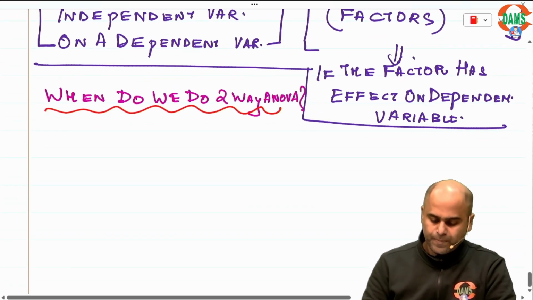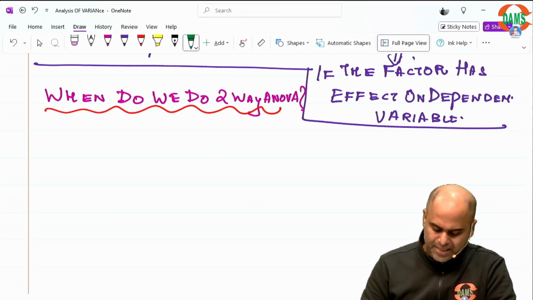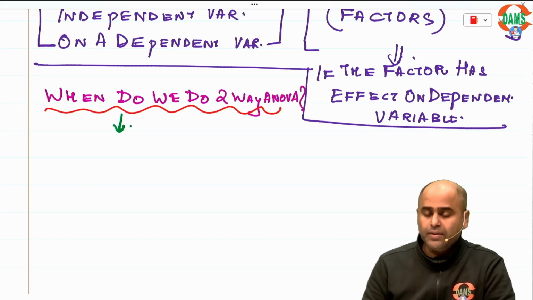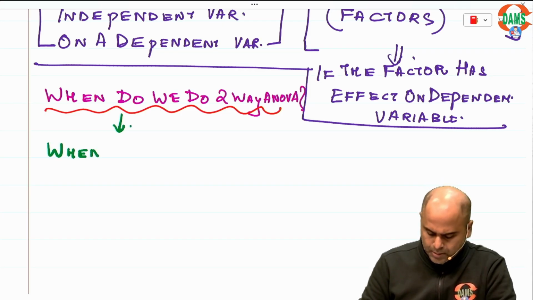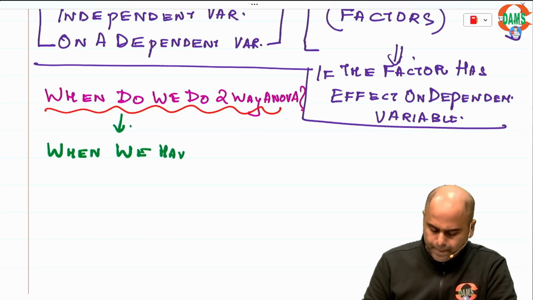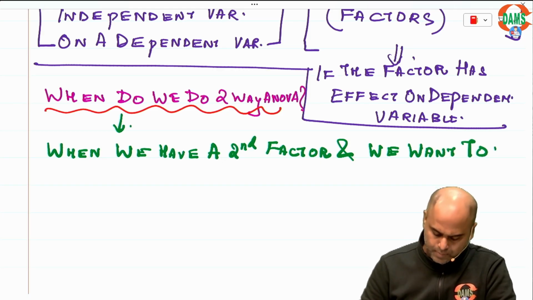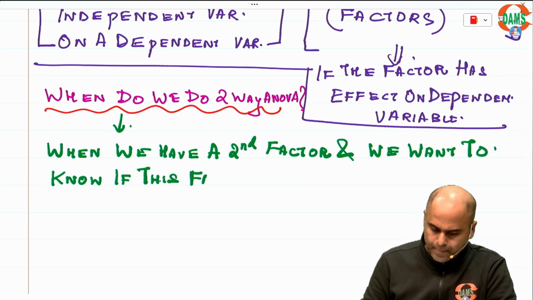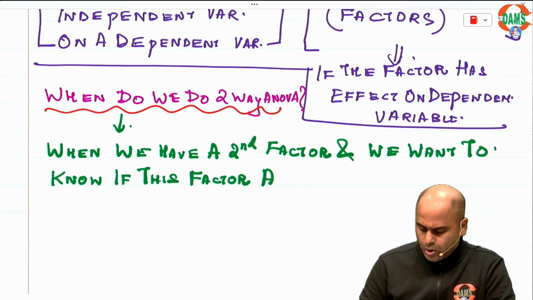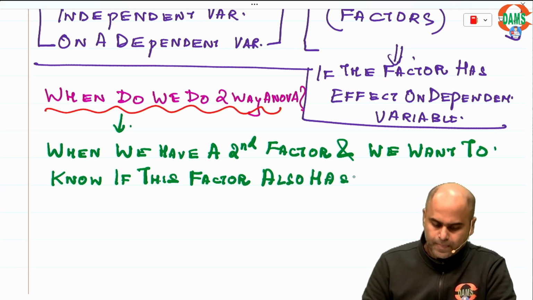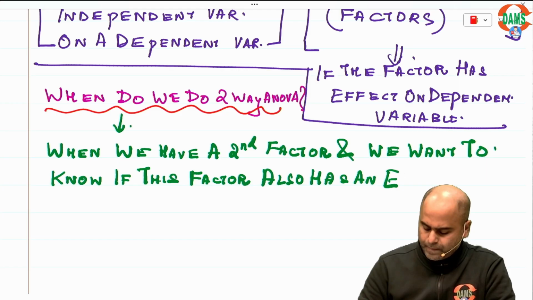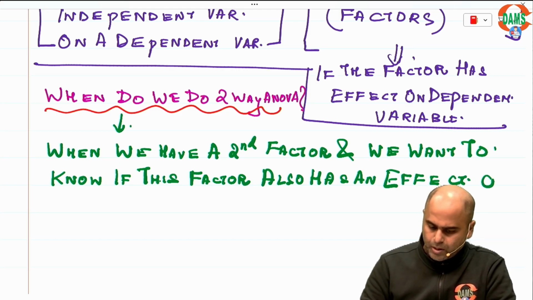This two-way ANOVA, basically we do when we have a second factor and we want to know if this factor also has an impact on the dependent variable.